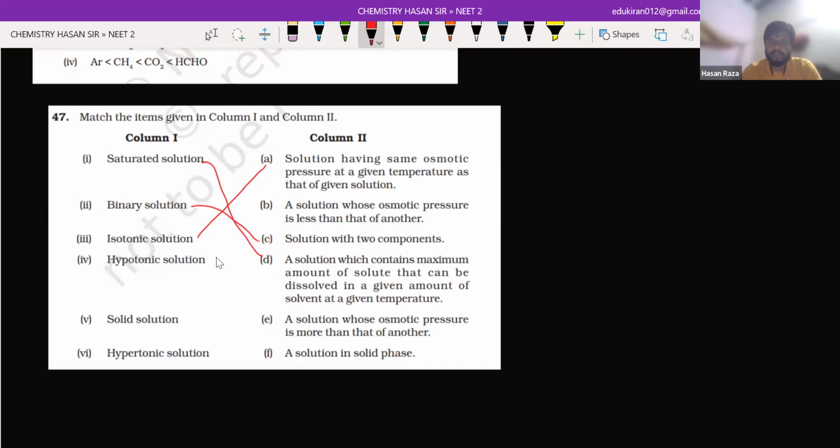Hypotonic solution, the one which has lower osmotic pressure than the other. Solid solution, a solution in solid phase. Hypertonic, that means more osmotic pressure than the other one. So I'm going to match your answer: 1D, 2C, third A, fourth B, fifth F. Very good.